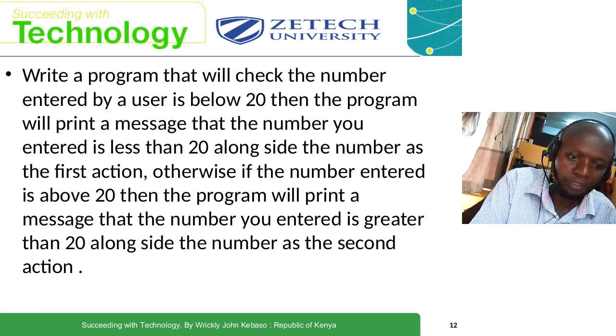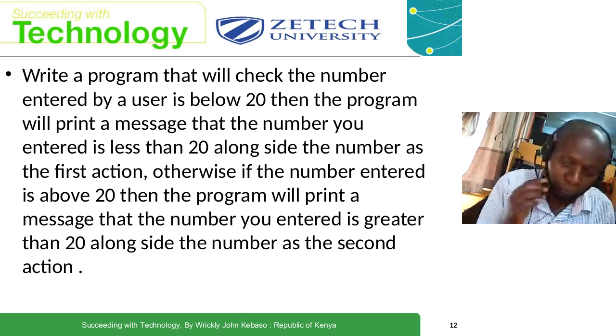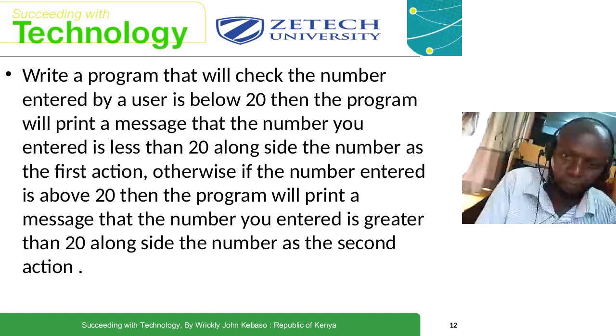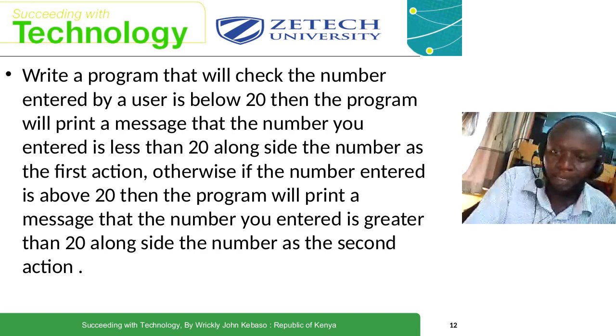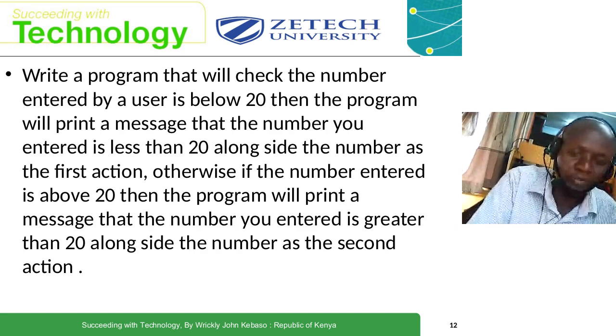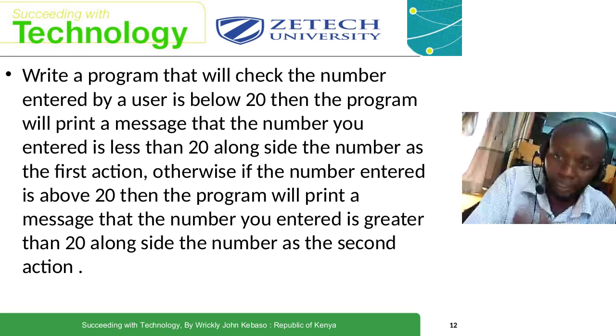Yes, I'm seeing my time is moving on, and I know you are going for another session. So let's look at this example again. We are going to use the same example to unfold this. It will make us understand this concept well as we proceed. We are writing the same program, but now we are going to have two conditions. The program will check the number entered by the user.